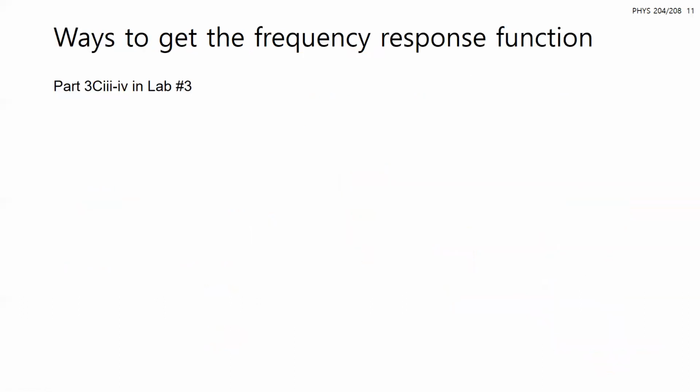So tomorrow in lab, this section will be walking you through different ways to get the frequency response function and the instrument response function. I first just want to sketch this out. For your low pass filter, what you're really doing is convolving a delta function with your exponential function for the instrument response.